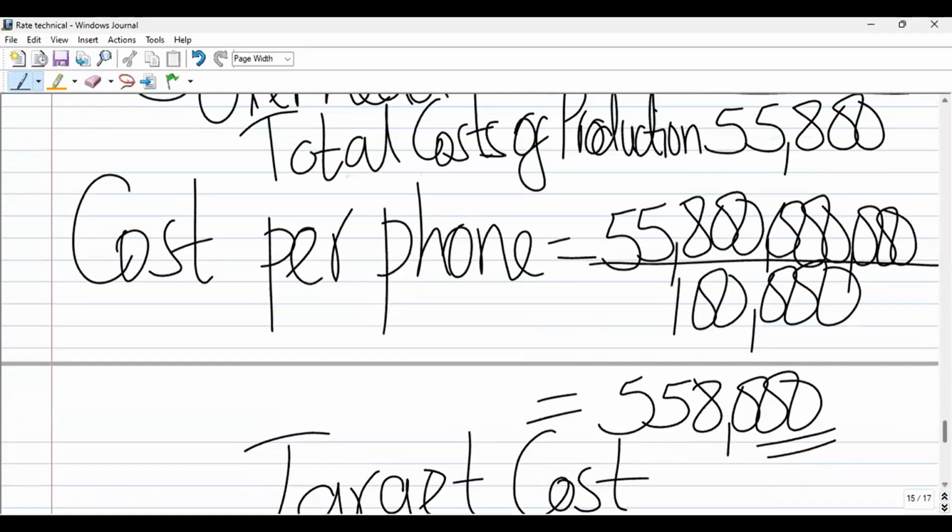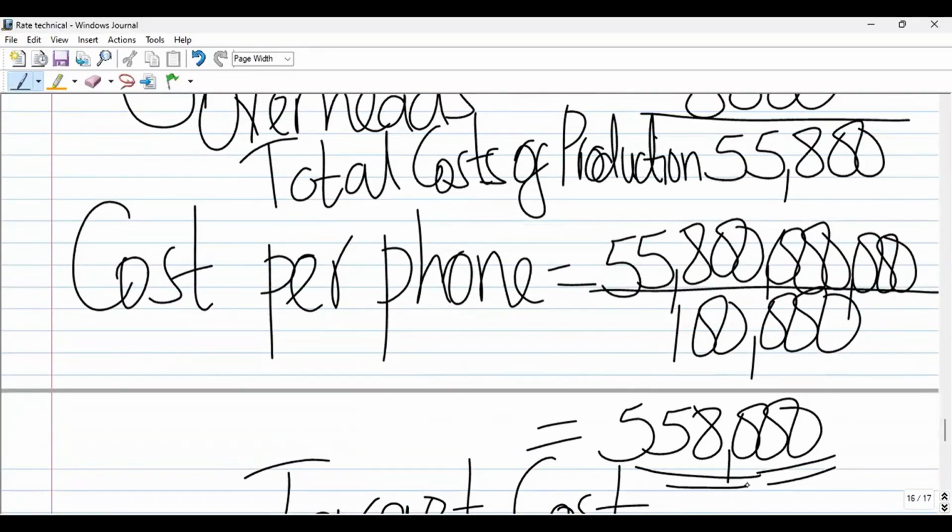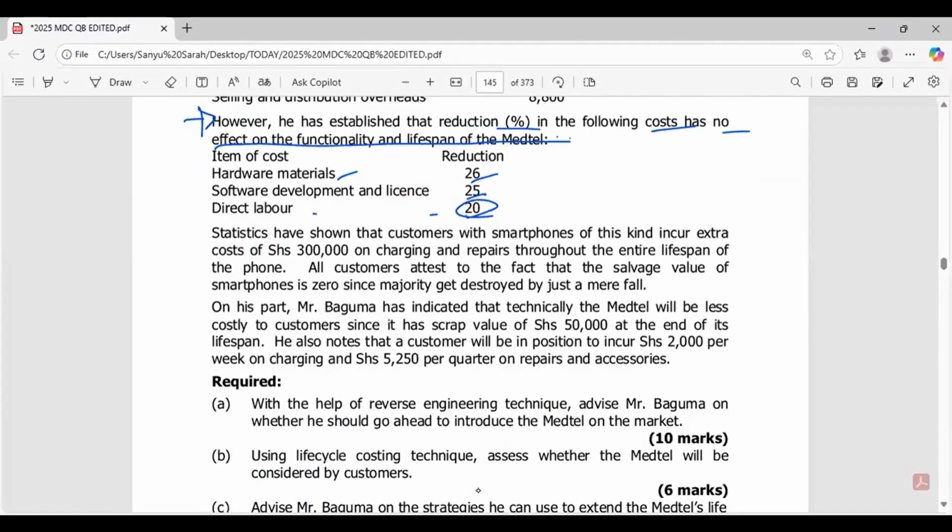But the actual cost of production is 558,000. So that means we are still within the customer's budget. So write that, they asked you to advise, let's see the question, advise Mr. Baguma on whether he should go ahead to introduce the Medtel on the market. So we write that Mr. Baguma should go ahead and introduce the Medtel on the market.